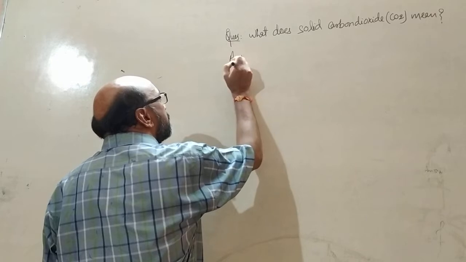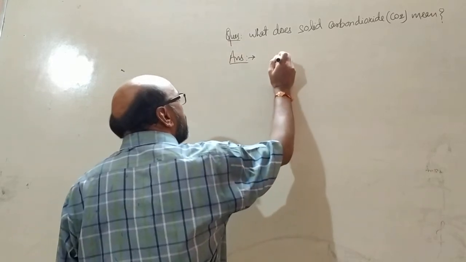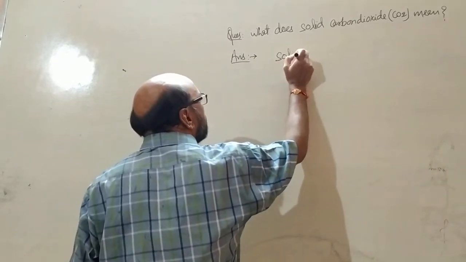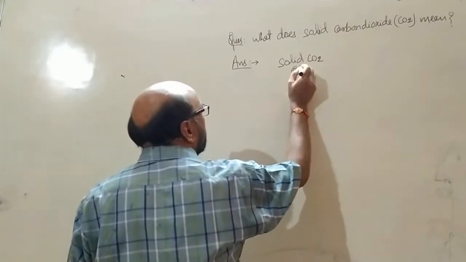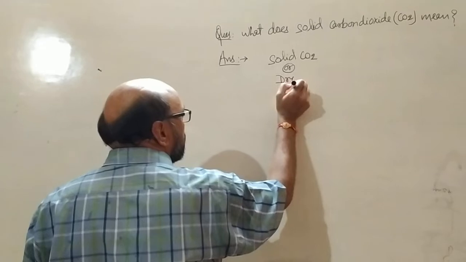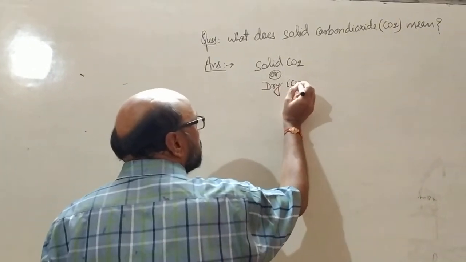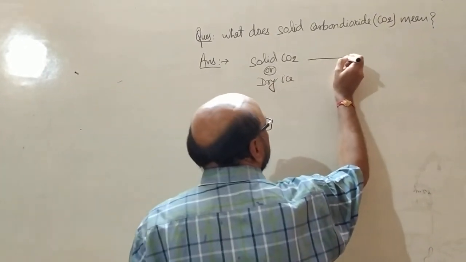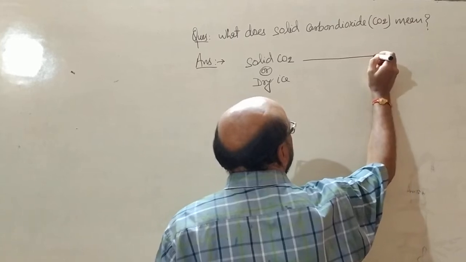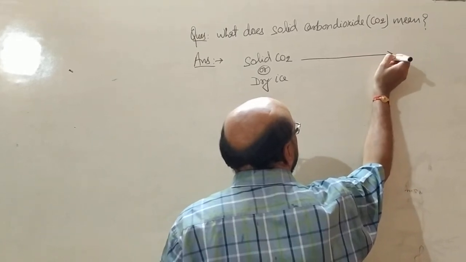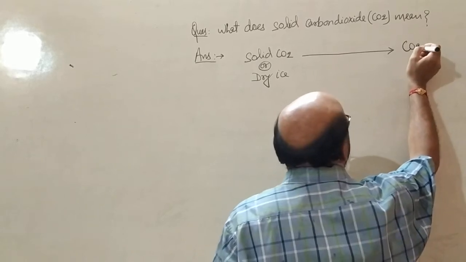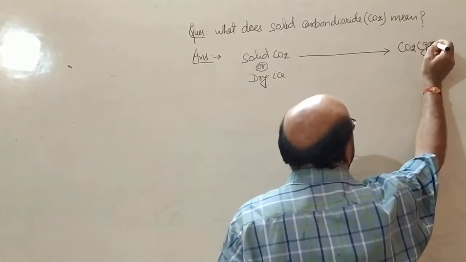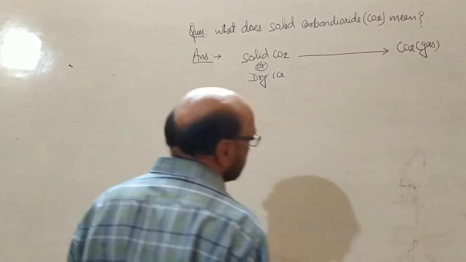So this answer we can write like this: solid carbon dioxide or dry ice is converted into carbon dioxide gas.